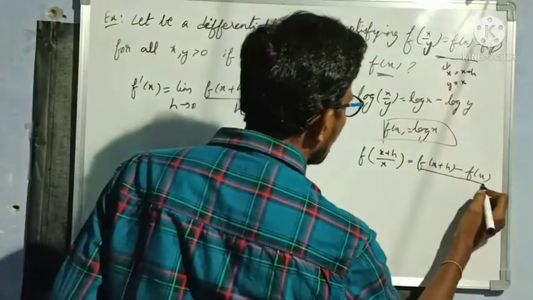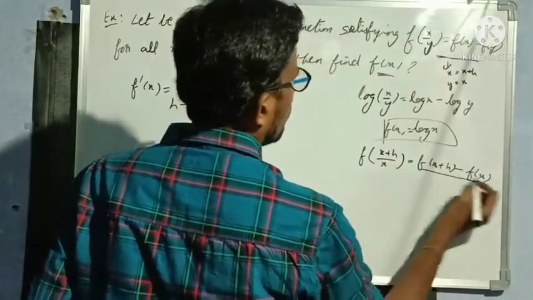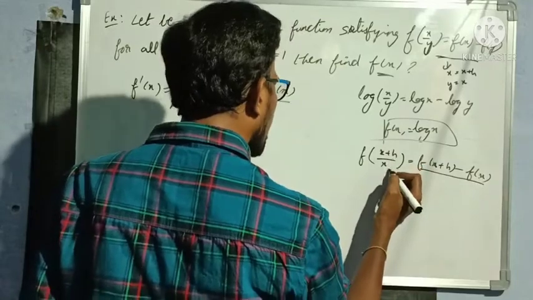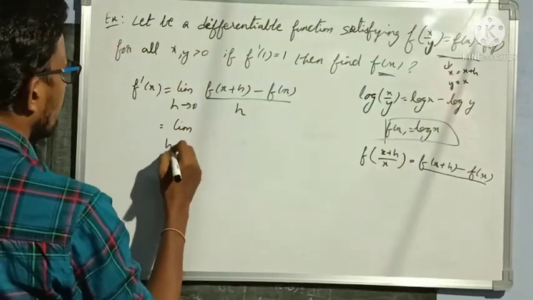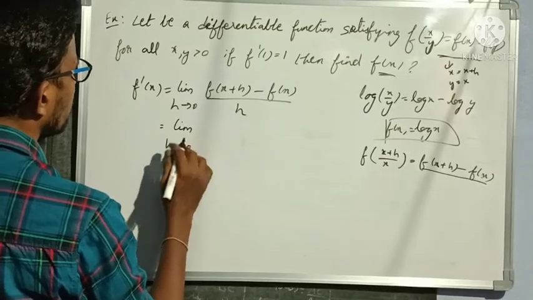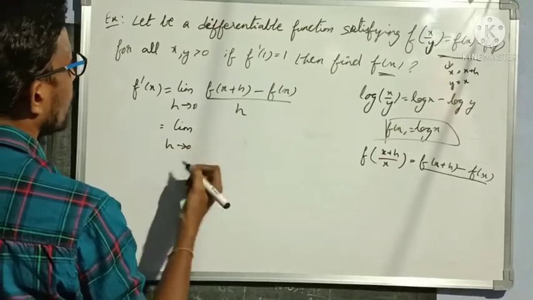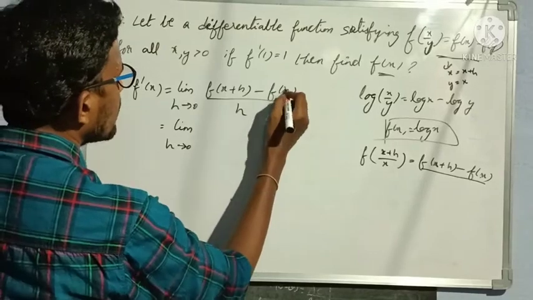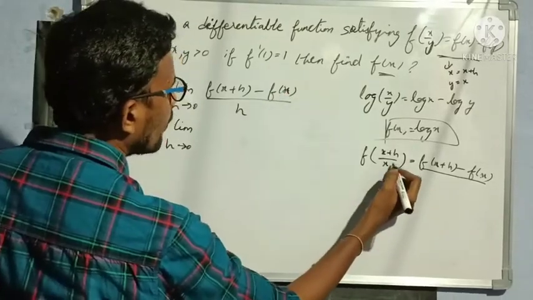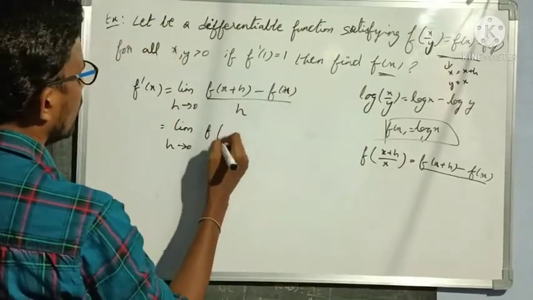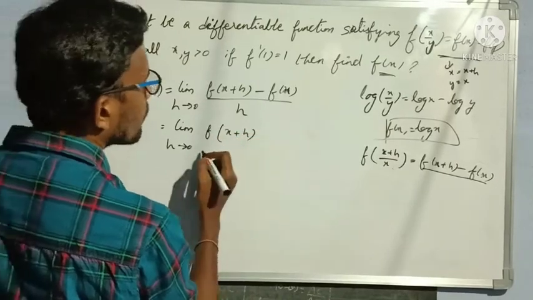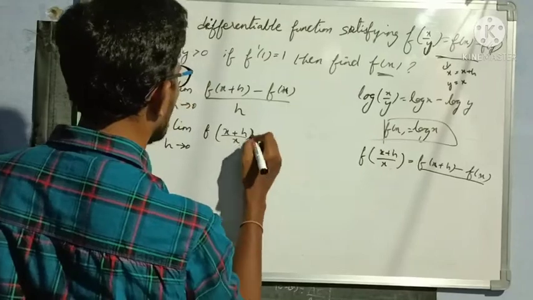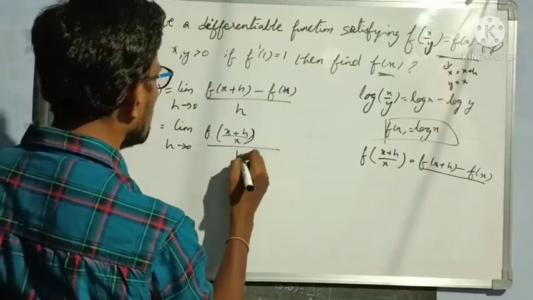Now I got the value of f of x plus h minus f of x, that is f of x plus h by x. So that is equal to limit h tends to 0, f of x plus h minus f of x value, what I am getting here, f of x plus h by x, whole divided by h.